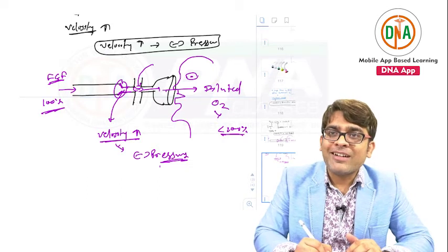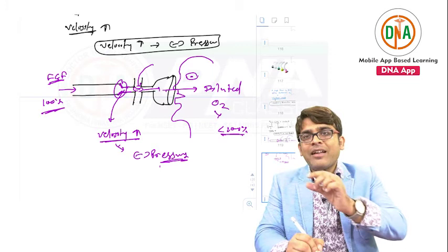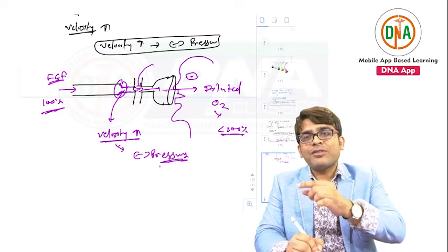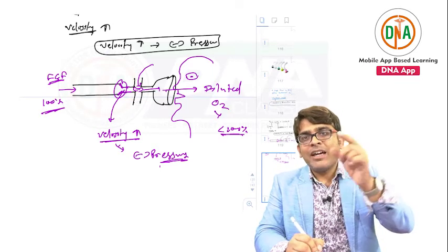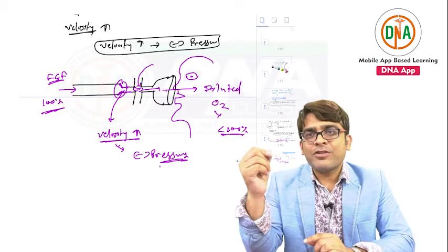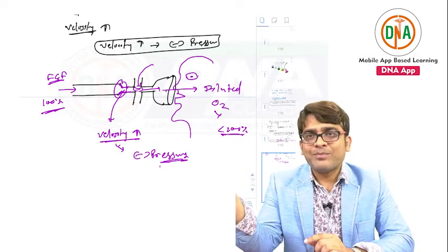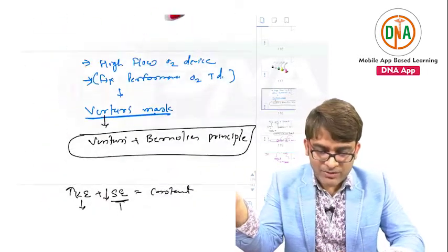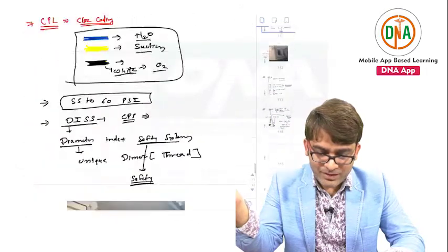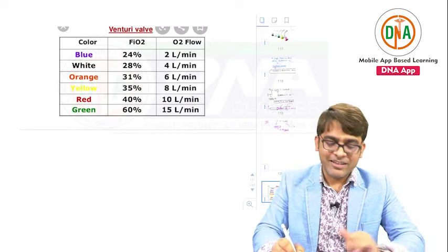Getting my point? And how can we say that this constriction is fixed? By color coding. If it is green, it means there is a particular diameter of constriction. If it is, for example, a yellow Venturi mask, the diameter of that constriction is according to that. You can see this.